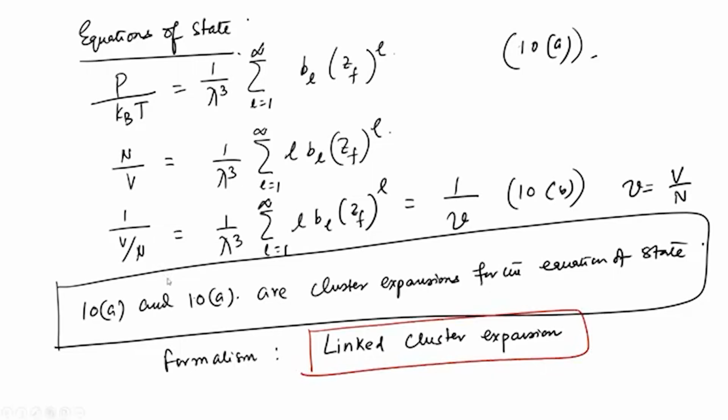All right. So, if we summarize, what we have done is that we have found the sum of all these graphs, and this sum of all these graphs is basically nothing but the exponential of the sum of all these graphs.